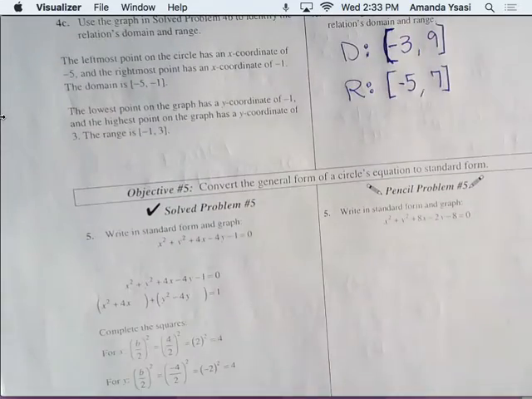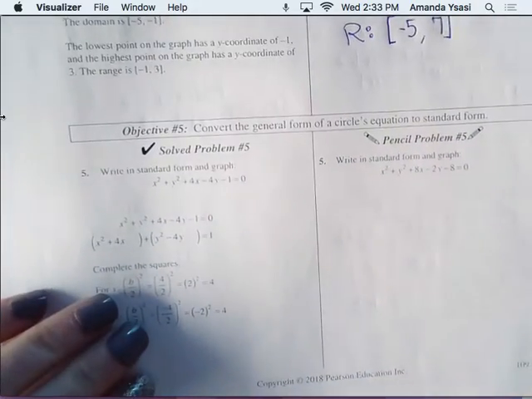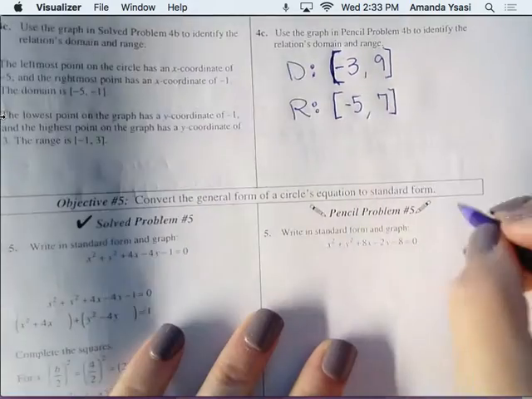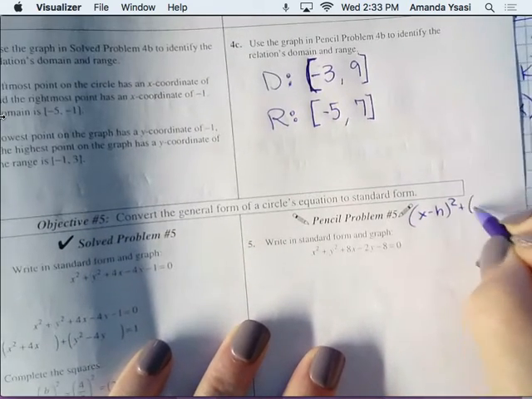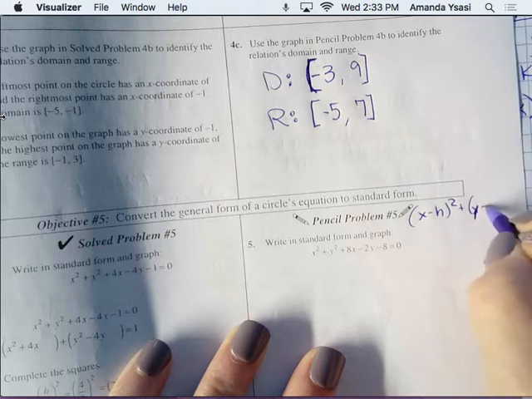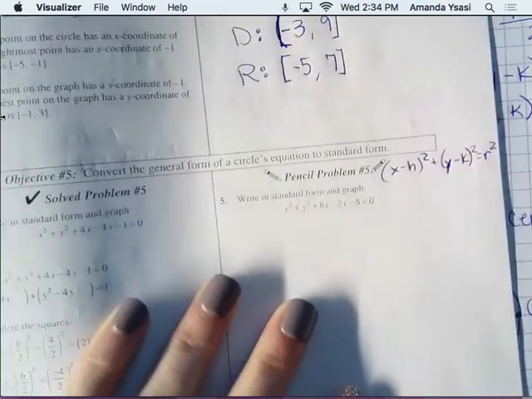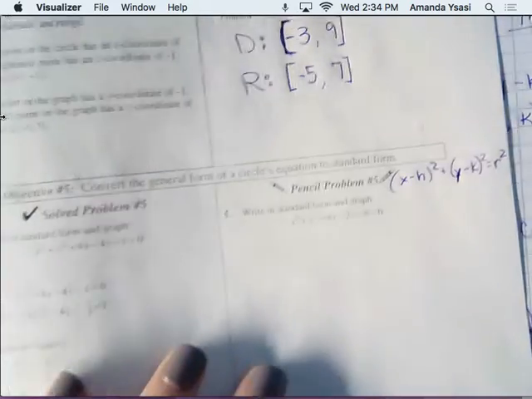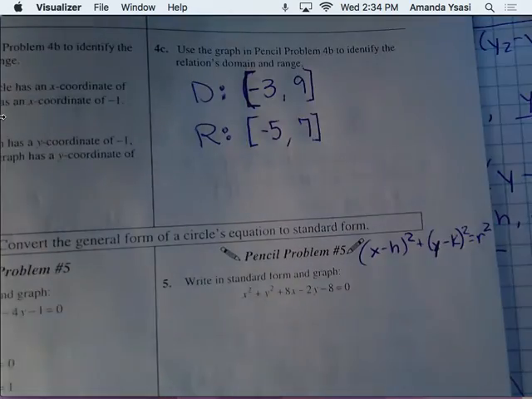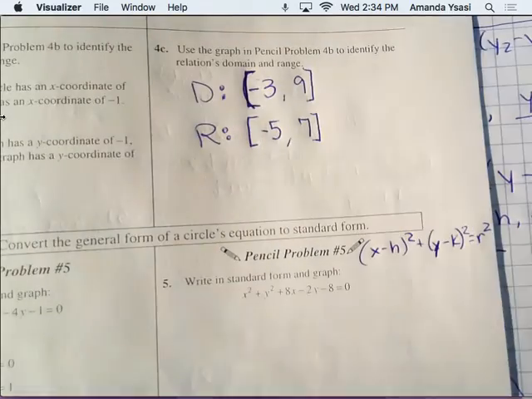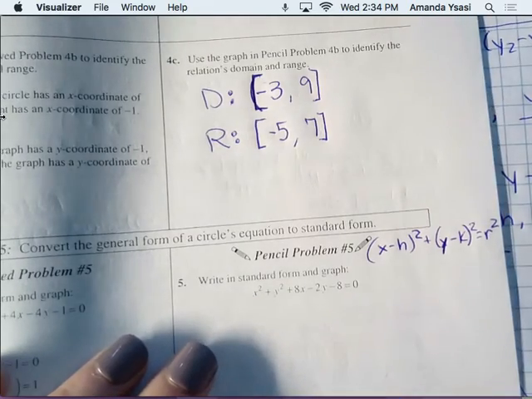Let's look at number 5. Convert general form to standard form. So we want the standard form, we want it to look like this. So let's group all the x's together.